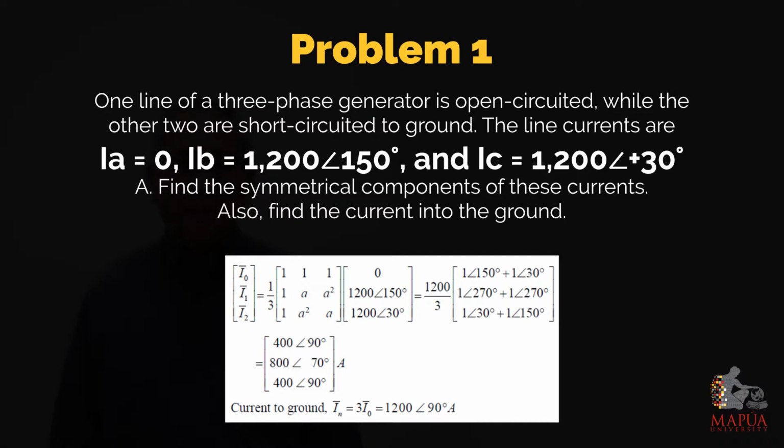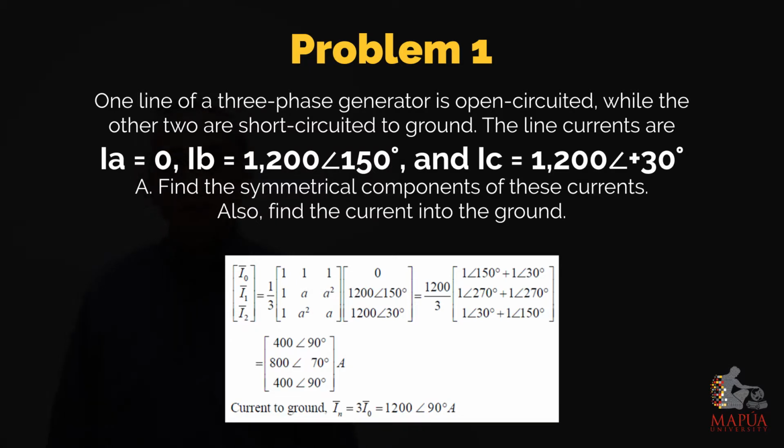That gives us a magnitude of I0 equal to 400 angle 90 degrees, I1 equal to 800 angle 270 degrees, and I2 equal to 400 angle 90 degrees. So that gives us the value of the sequence currents in amperes.